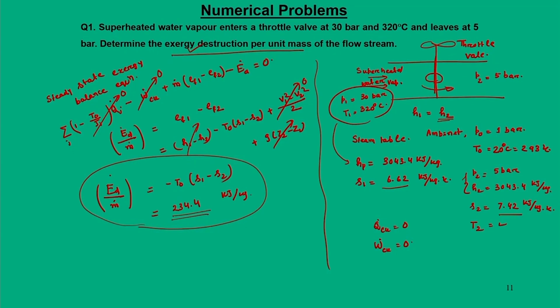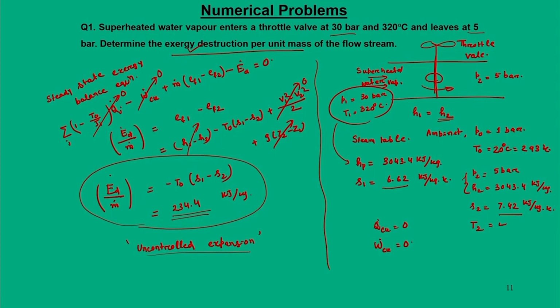So, this is taken into account or proved. And why is it an irreversible process? It is mainly due to uncontrolled expansion. If you see, the steam expands from 30 bar to 5 bar, but it is expanded in an uncontrolled manner through a throttling device.